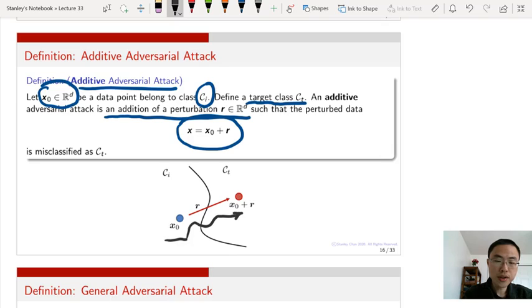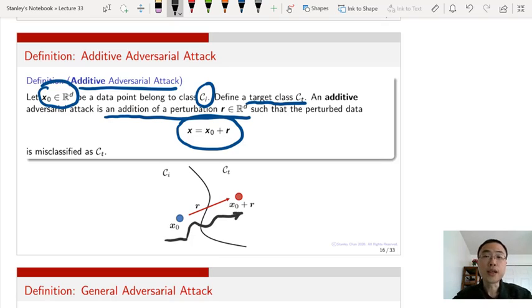Originally x0 is living in the space of C_i, and after this perturbation you go to x0 plus r, and then what is this class? Well, the class becomes C_t. So this additive adversarial attack means that I'm going to add to your original data point x0 in such a way that you will go from one class to another class. This is what we mean by additive adversarial attack.